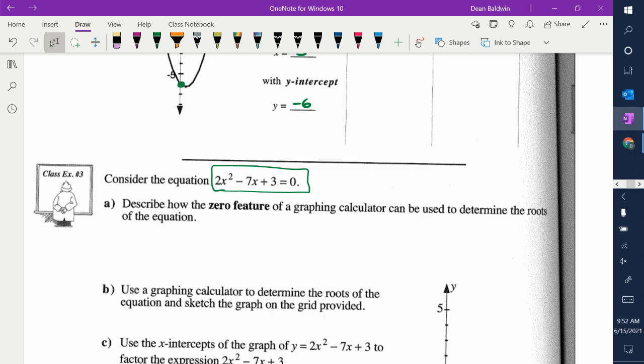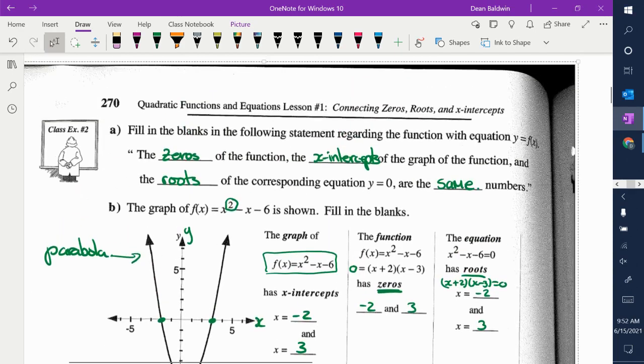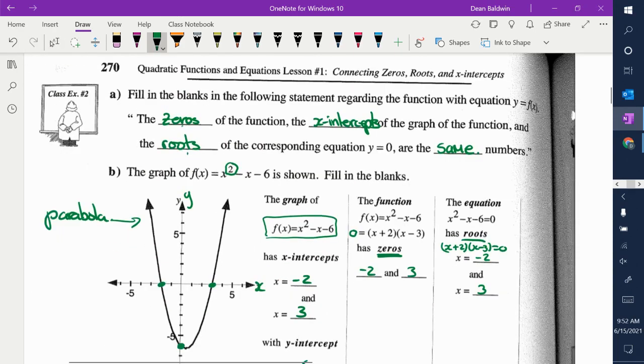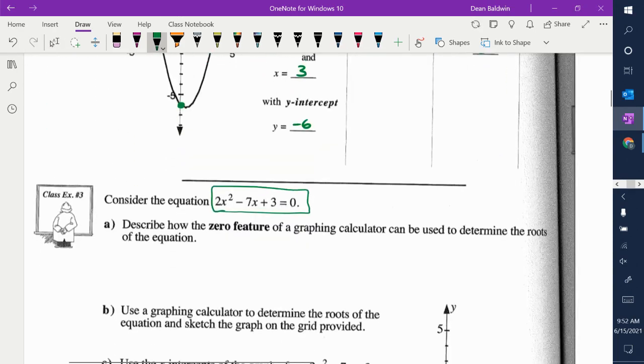The x-intercepts are the same as the zeros and the roots, okay? So essentially, you take your equation, you set it equal to 0, which it already is, and you solve it. What type of equation is that? It's a quadratic equation because the degree is 2.